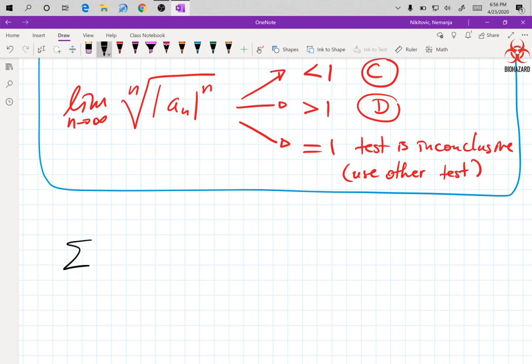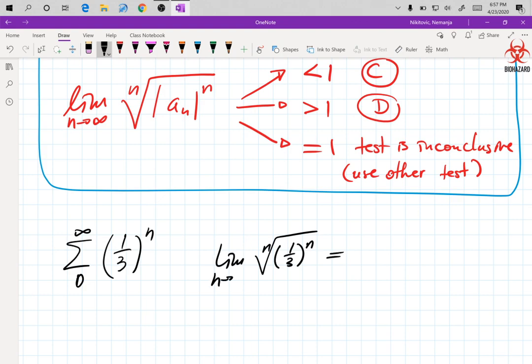Summation of (1/3)^n from 0 to infinity. You take the nth root of (1/3)^n, and there's a limit in front, oops, so you have the limit as n goes to infinity.